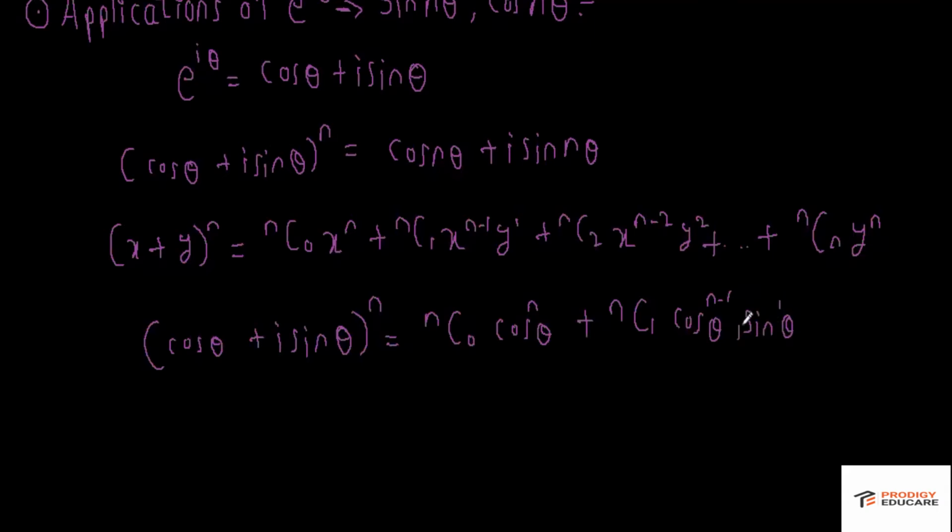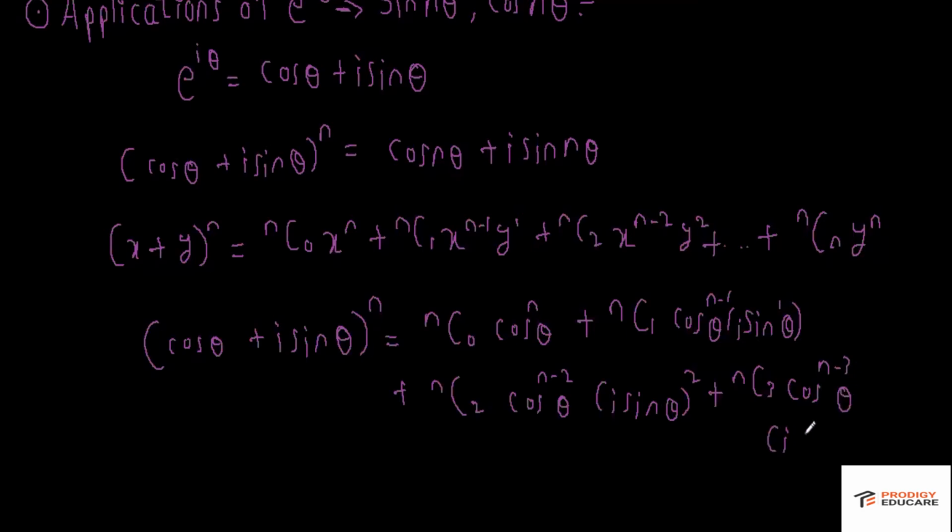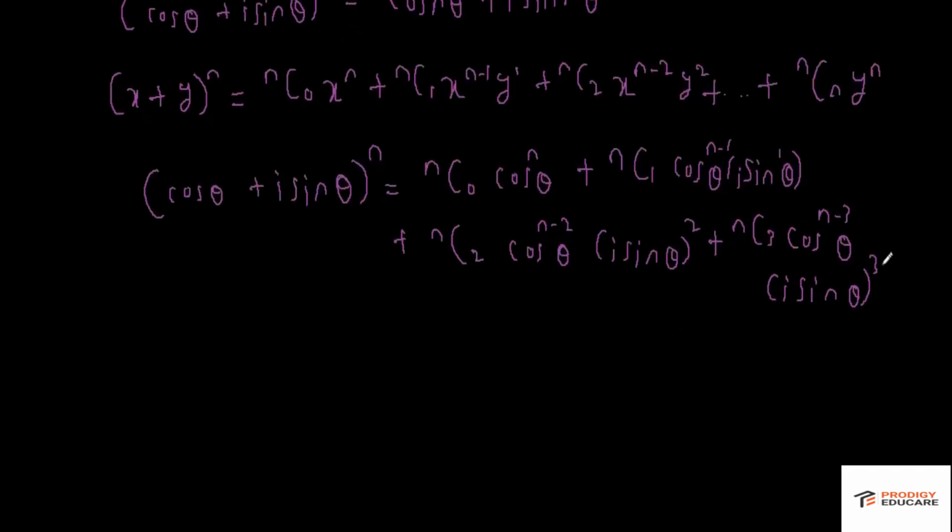Now you have to notice that there is an i also here, so I'll write i as well. Then plus nC2 cos theta raised to n minus 2 and i sin theta raised to 2, plus nC3 cos theta raised to n minus 3, then i times sin cubed theta, and so on. This will continue, and this depends on n. There are a total of n plus 1 terms in the binomial expansion.